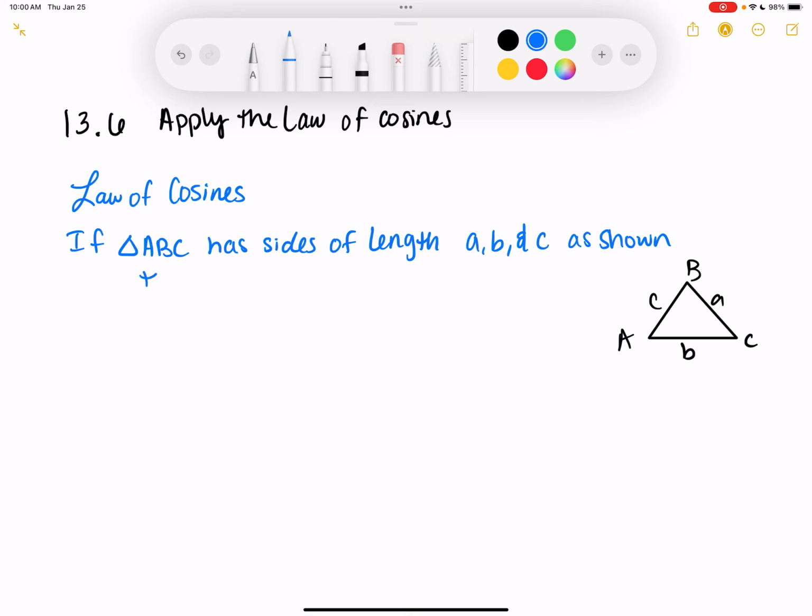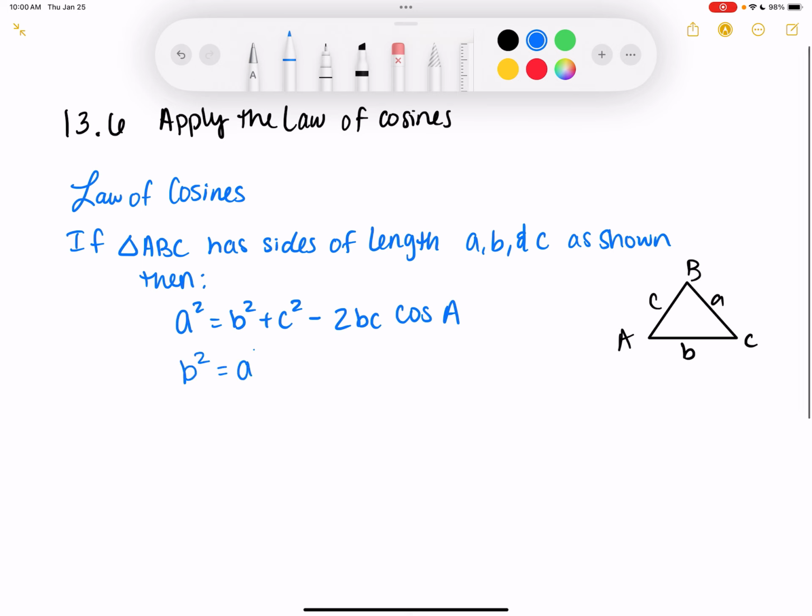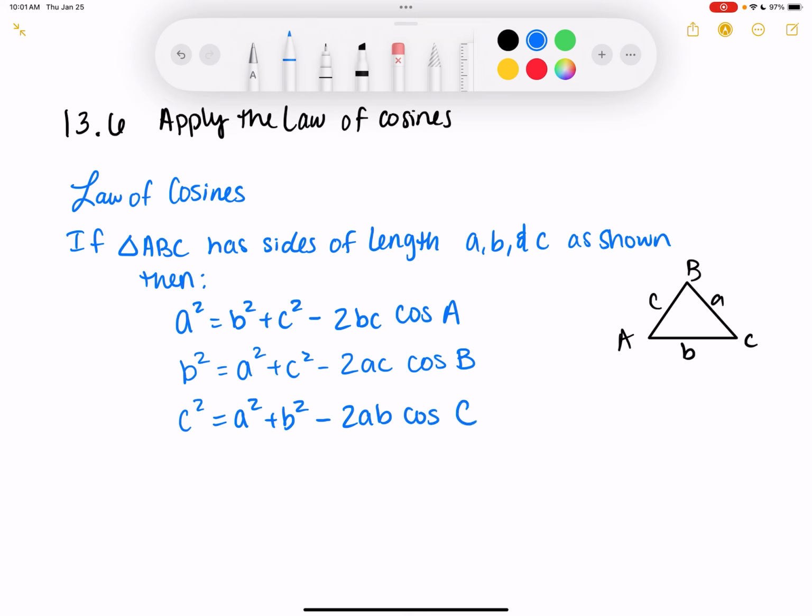Then A squared is equal to B squared plus C squared minus 2BC cosine A. B squared is equal to A squared plus C squared minus 2AC cosine B. And C squared is equal to A squared plus B squared minus 2AB cosine C.